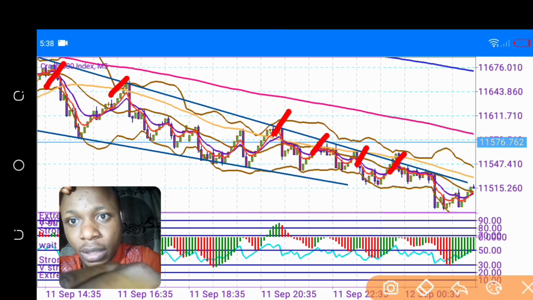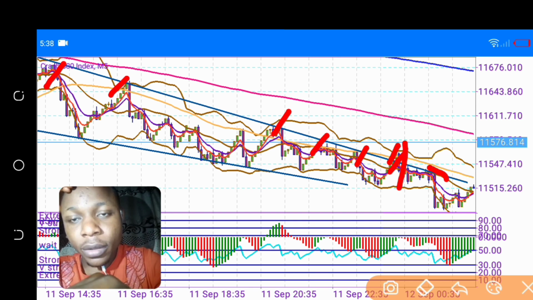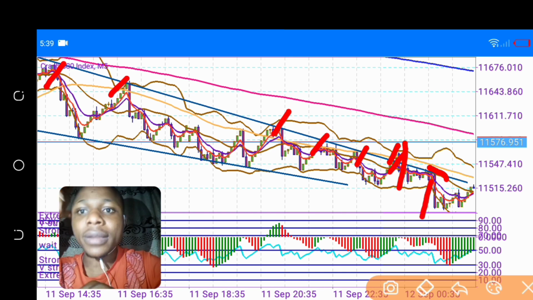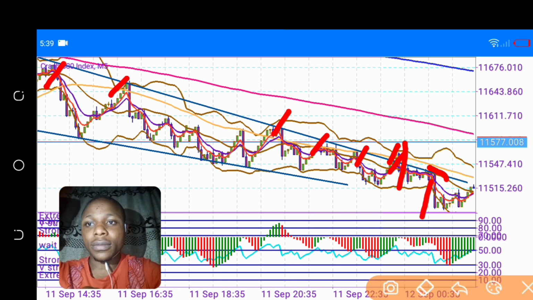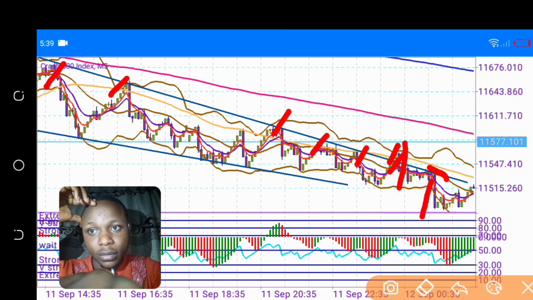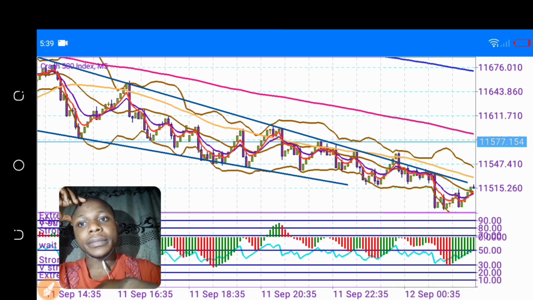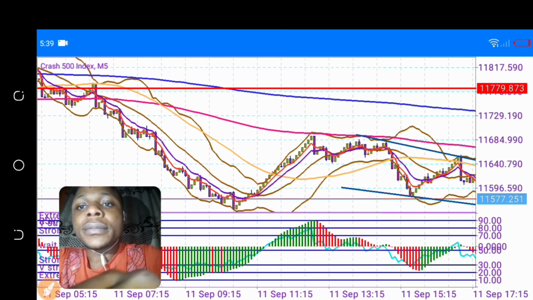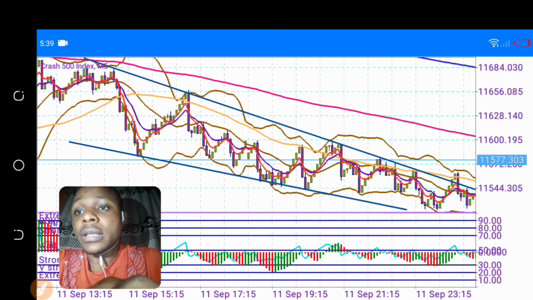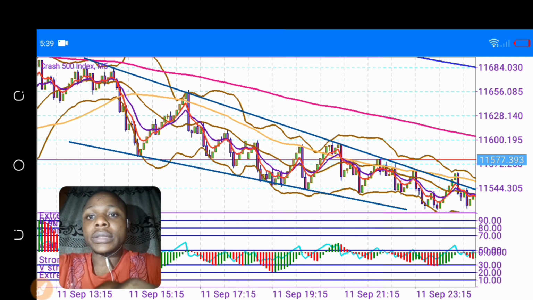It was just a little pullback up before going your way, and even here up to this level, see this bigger spike. So trend line also is very essential. You can use trend line on a market that goes this way, something like this. So that's that about trend line.